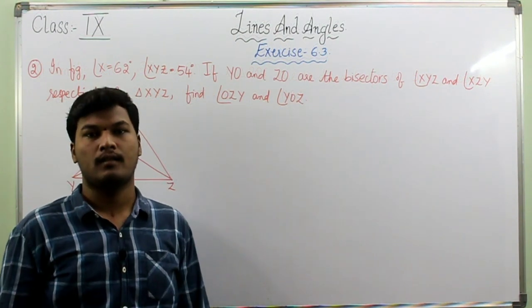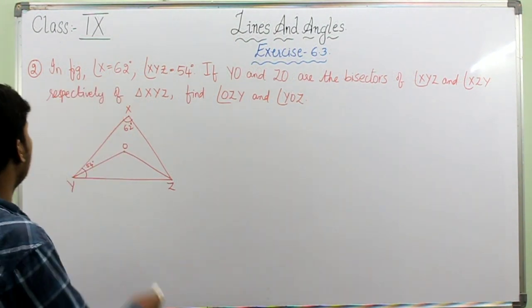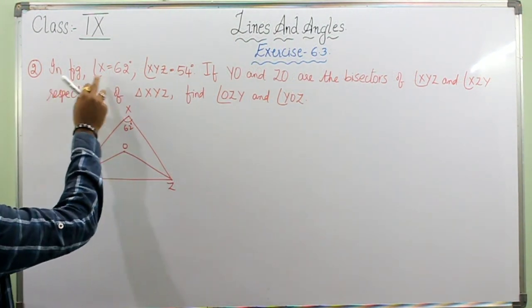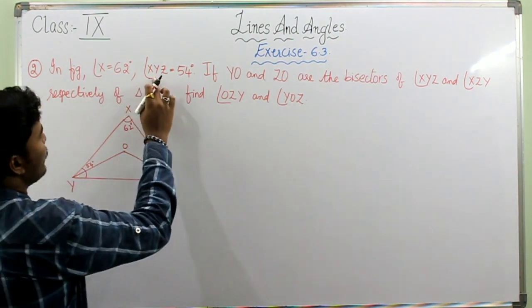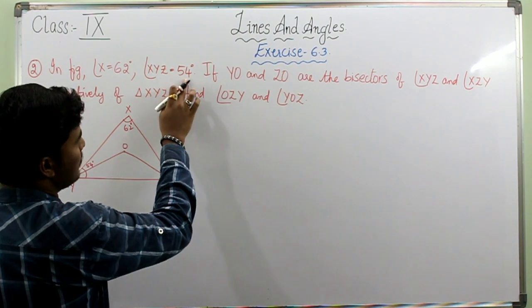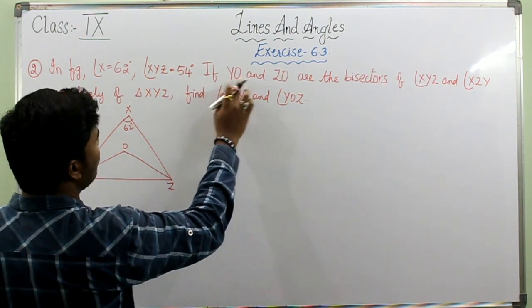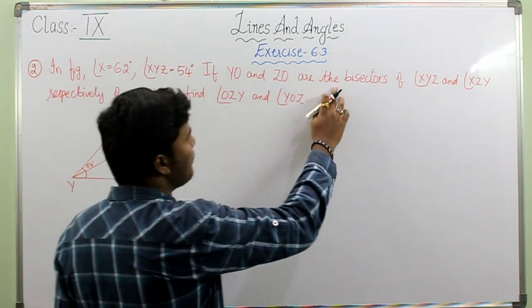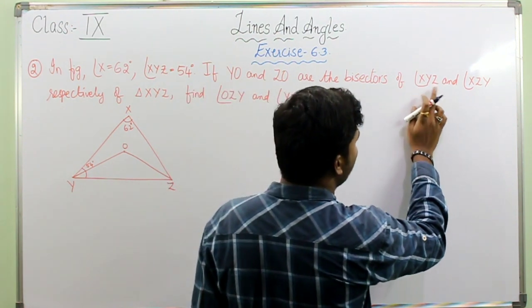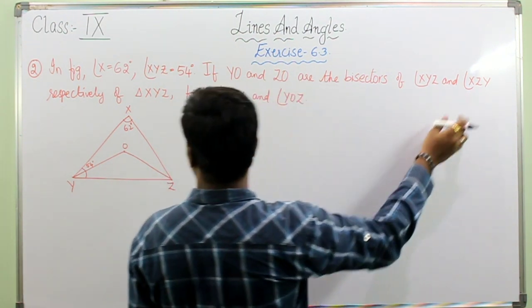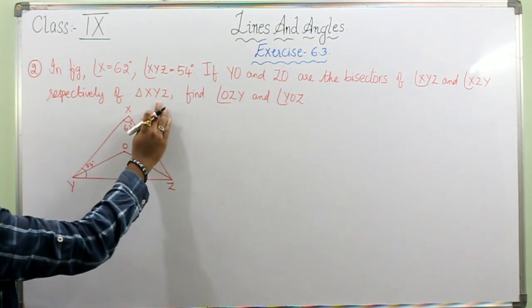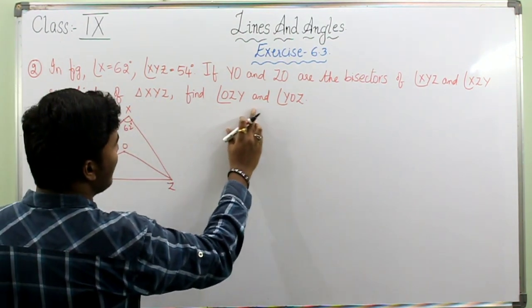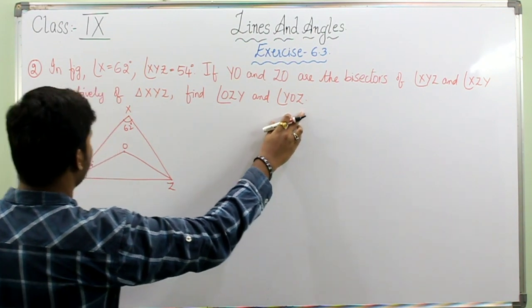Now let us start the second problem, that is, in the figure angle X is equal to 62 degrees and angle XYZ is 54 degrees, and if YO and ZO are the bisectors of angle XYZ and XZY respectively of a triangle XYZ, find OZY and YOZ.